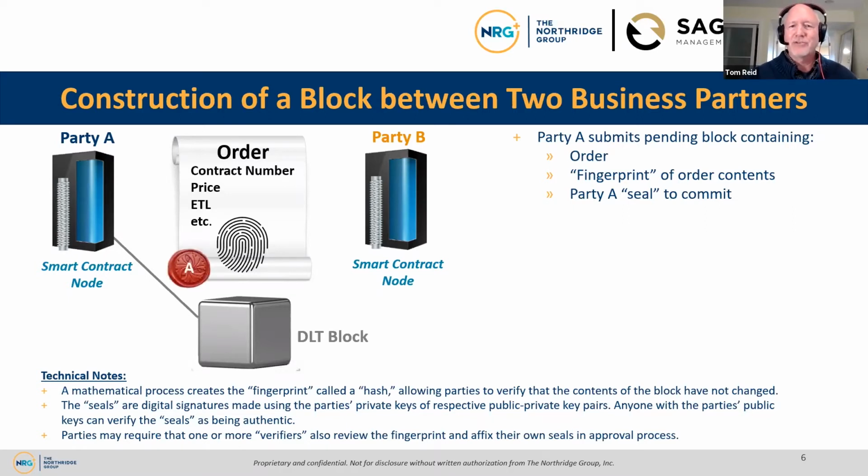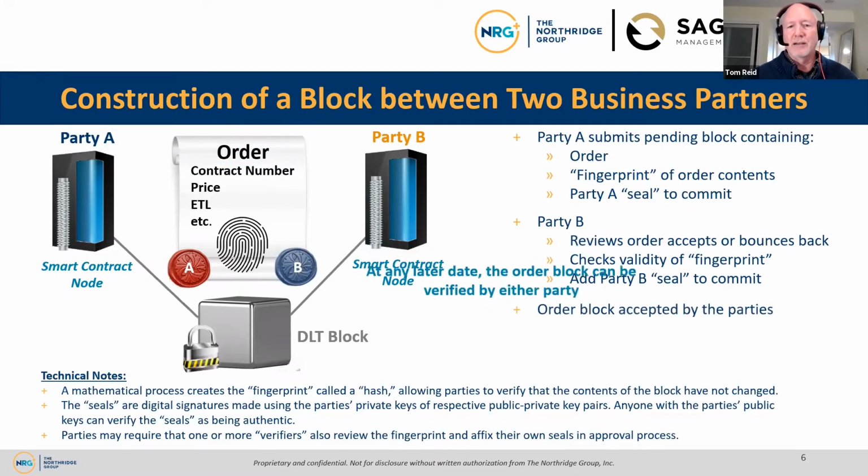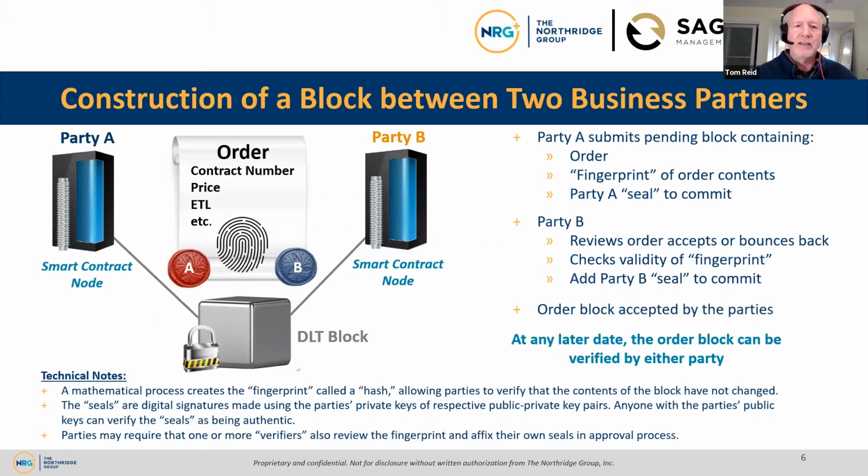And then they also digitally sign that order. So then on the other side, party B will review the order, review the fingerprint to make sure that nothing has changed, and then themselves sign that order. At that point, we have a block. And either party can go back to that block at any time to verify the contents of that block, and thus basically the agreement that the two parties made about that order.